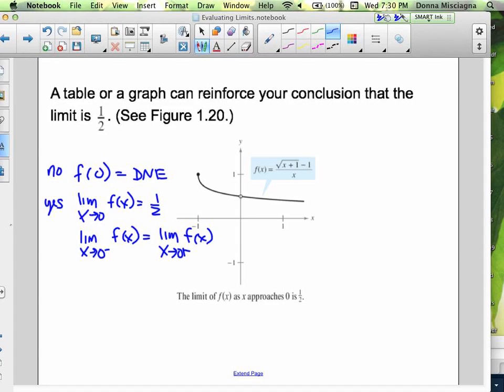So even though there's a hole there and we can't plug into it, if we can substitute into the reduced form, then that will be our limit, and that will be okay. We won't need to use a graph necessarily to find the left and right-hand limit, but it is good to be able to use that to reassure yourself, and as another way to show that, yes, this limit is 1/2. All right, let's do another one.